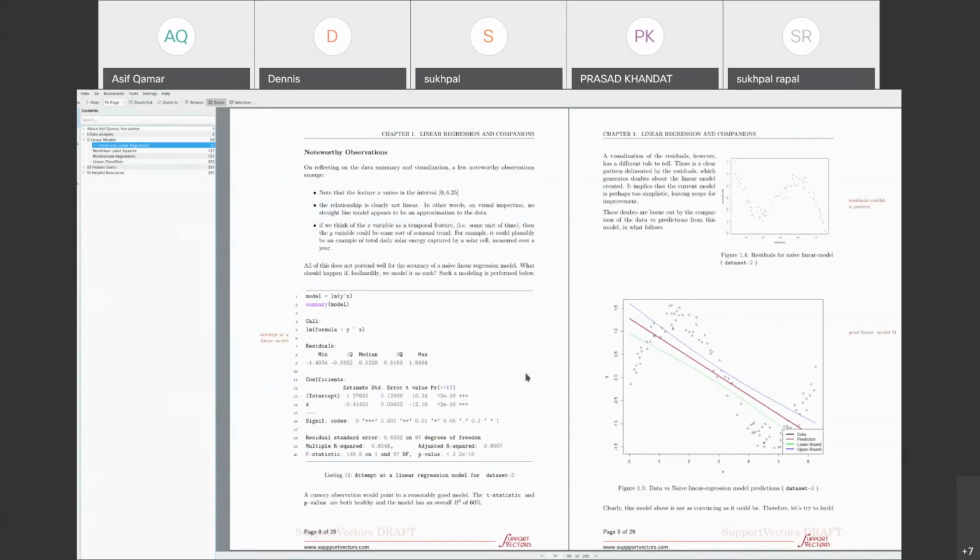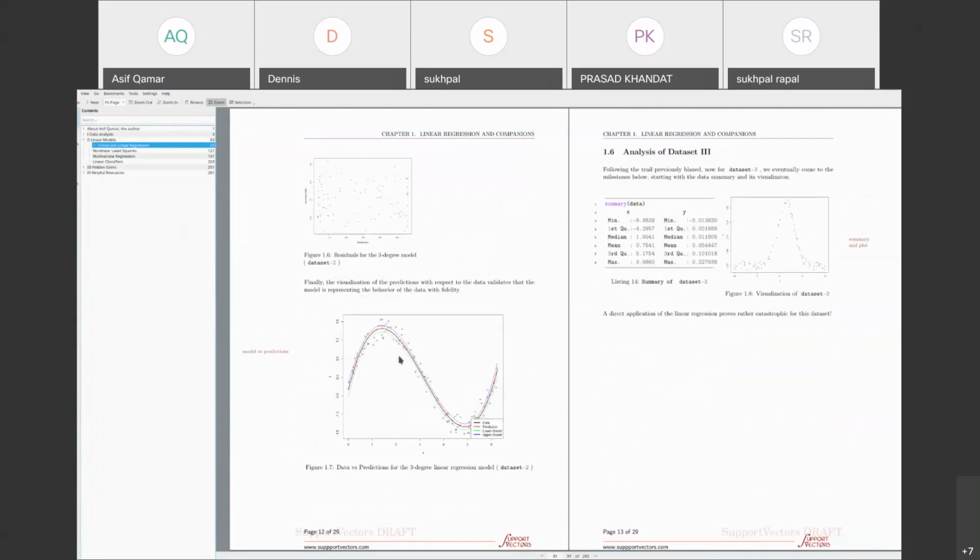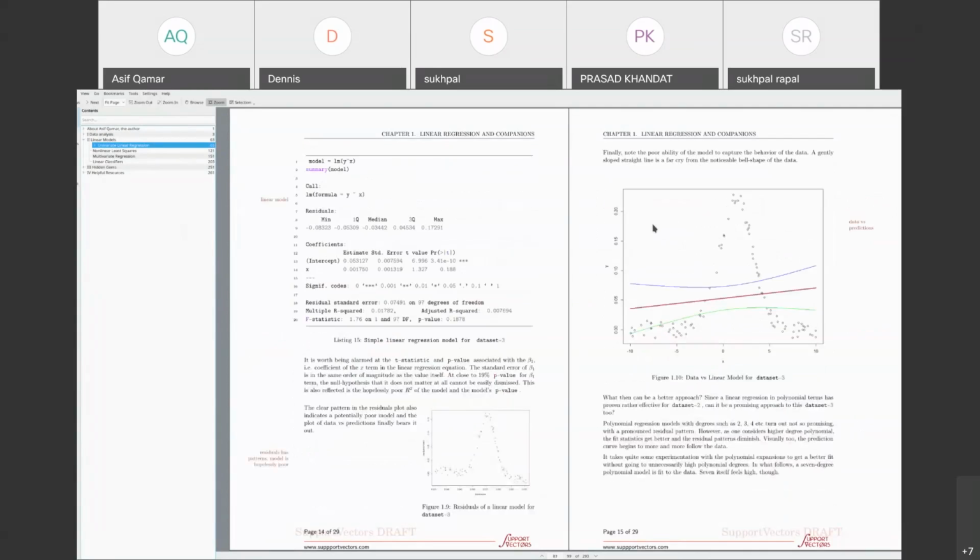You have to do the residual analysis to see if there is any pattern in the residuals, whether the residuals show homoskedasticity or heteroskedasticity, or any other pattern in the data. And so that we did. We realized we needed a better model, a polynomial model, and a polynomial model was a good fit.